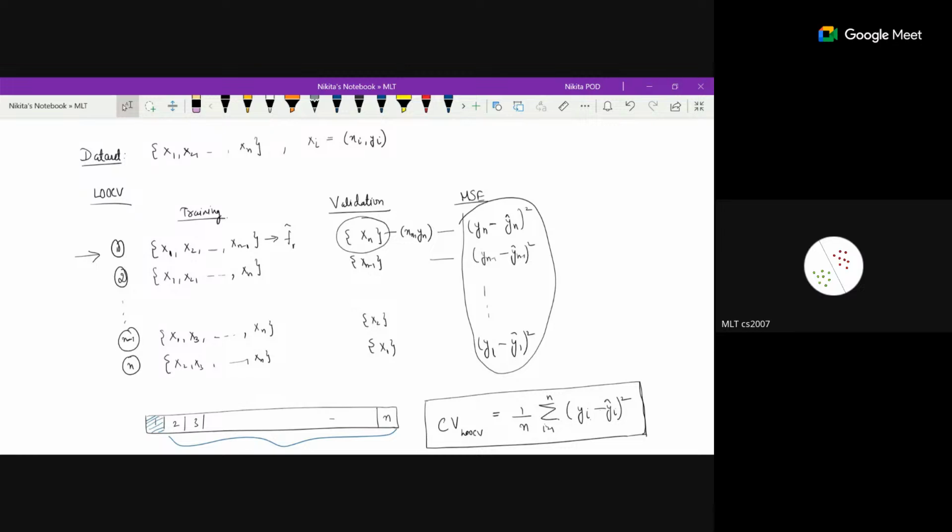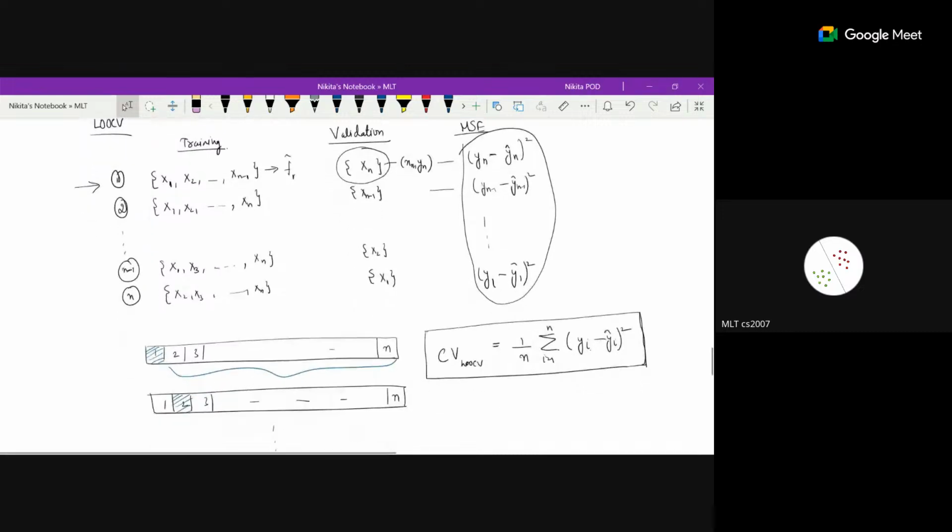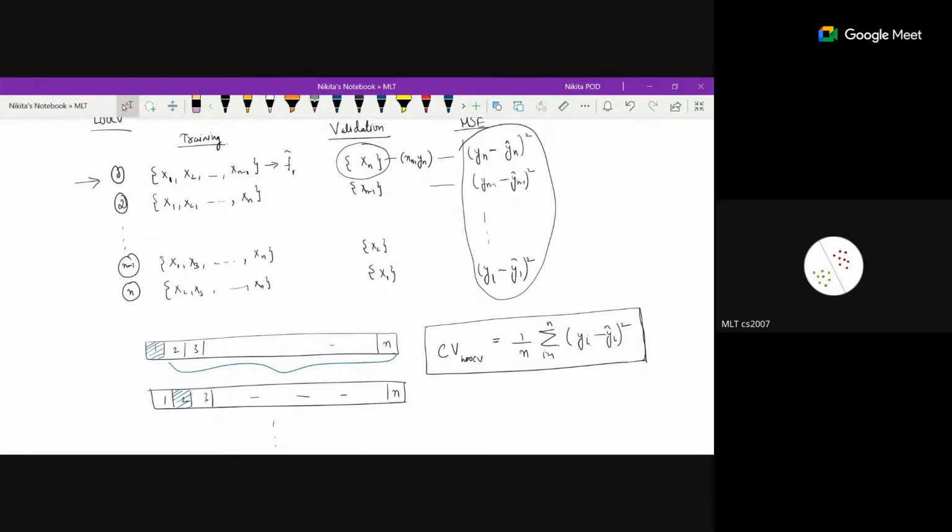Ma'am, could you give some real life example of when we use this? See, if you look at leave one out cross validation, every observation that you have, you keep on hold once.